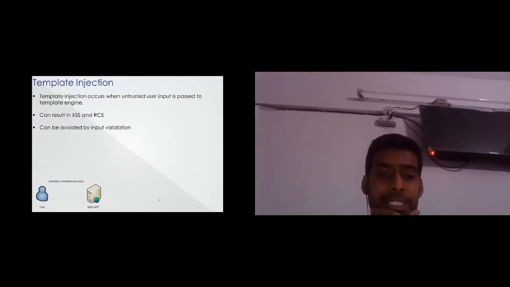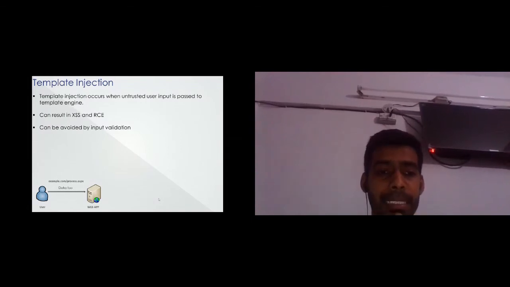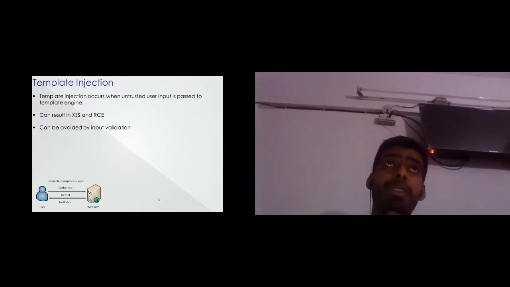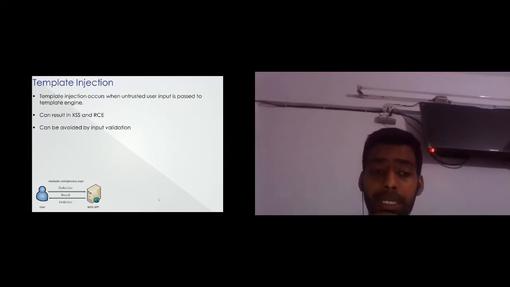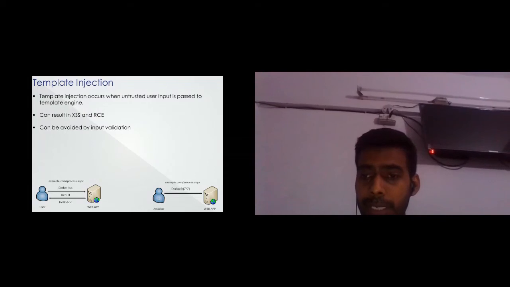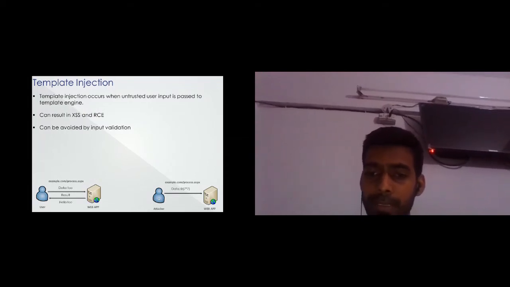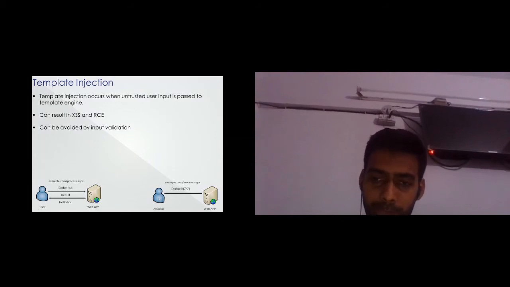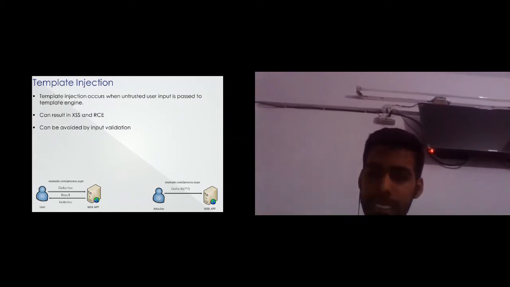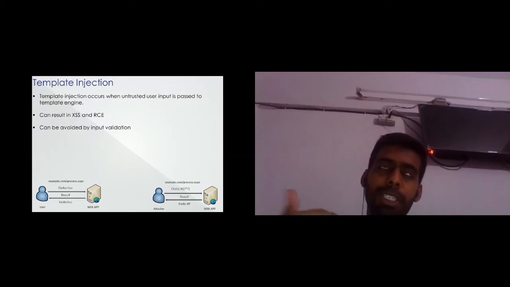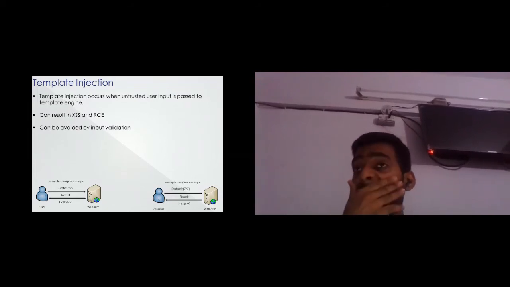Here is an illustration. For example, user input is passed to the web application server, and it gets processed by the template engine. It will send you back the results. In order to detect it, an attacker would try to send something like at the rate curly brackets and then some mathematical operation, and then check the response of the application.